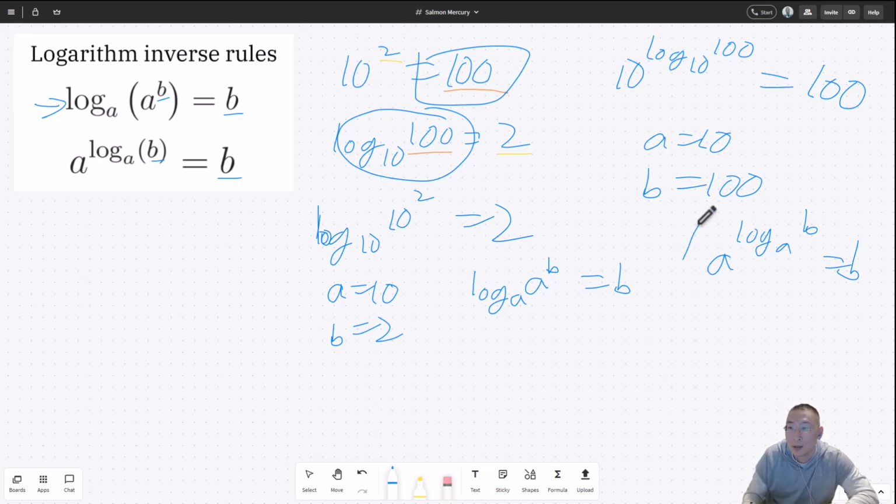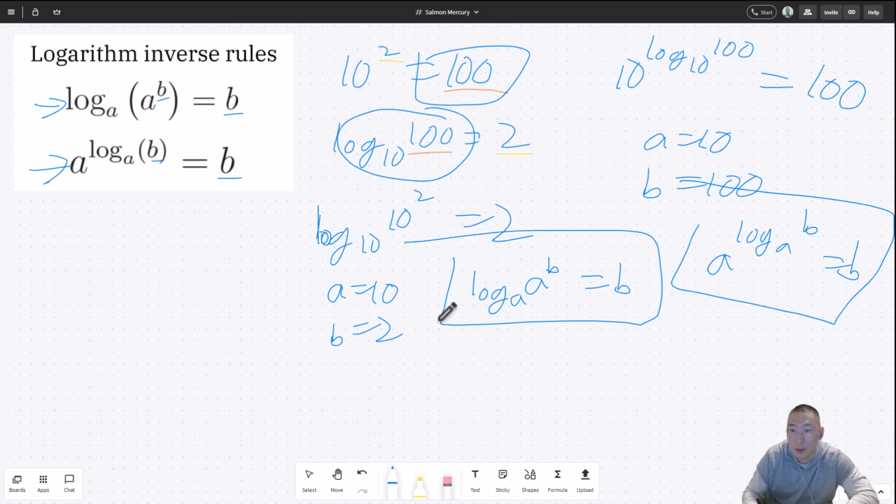So if we look at that, we have this equation here, and we have that over here: a to the power of log base a of b is equal to b. So we have these two equations. Let's put a star around them just to say we did it. These are the inverse rules, basically the same rules, just the inverse of each other.